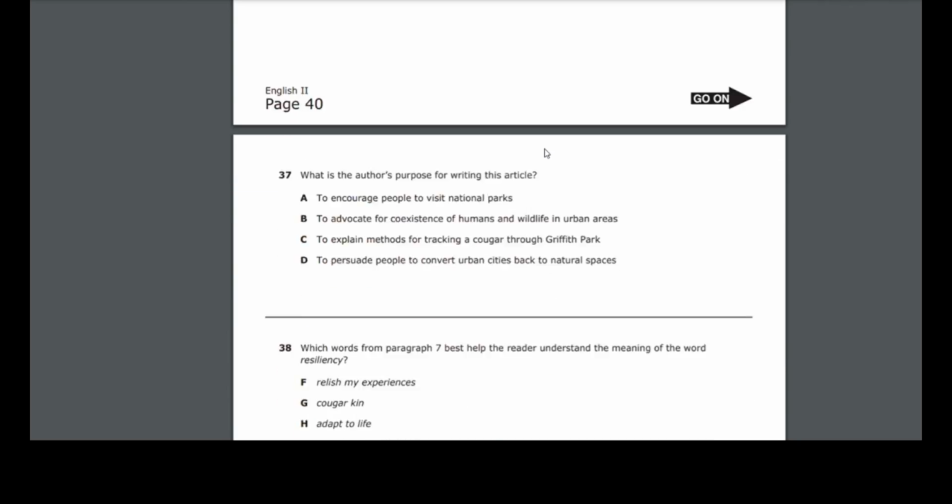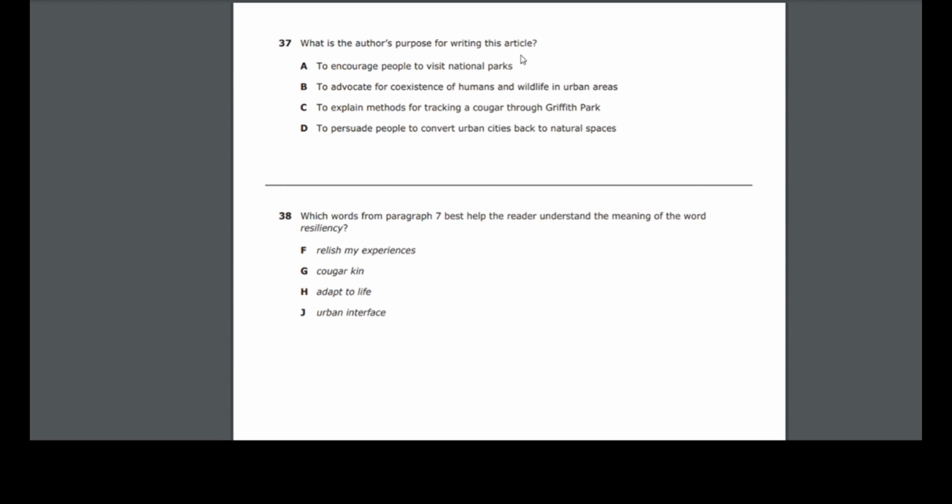I'm going to scroll all the way down. And this one, what is the author's purpose for writing this article? Pie. As simple as it is, it still holds true. Persuade, inform, entertain. And since we know that where the wild things are, and based off that picture, it is to inform people about wild things living in large populations.